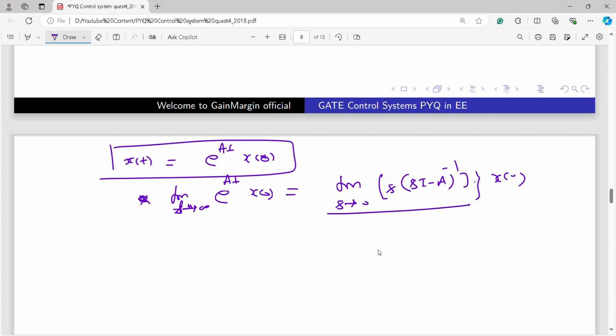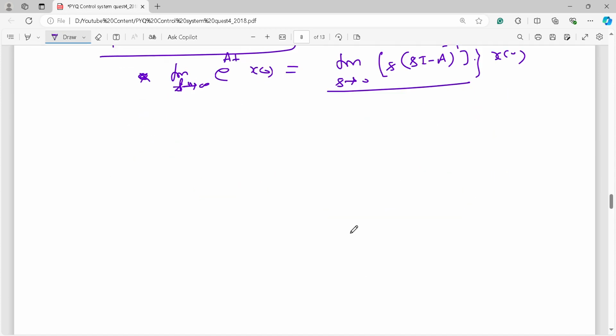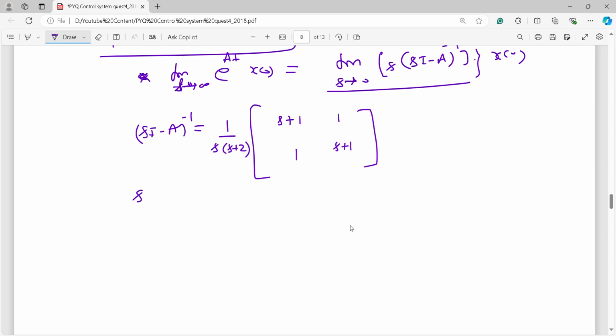So what is (sI minus A) inverse? Already we found it: s plus 2, here is s plus 1, and 1, s plus 1. All right, so we put it, then s cancels out, right? The s term cancels out, so we get the s plus 2.